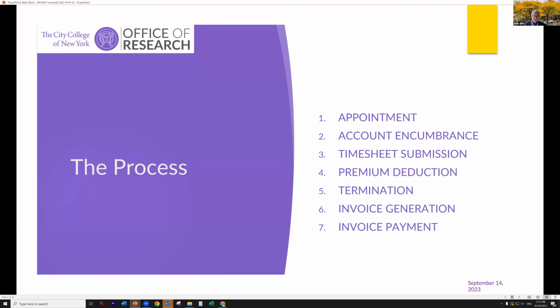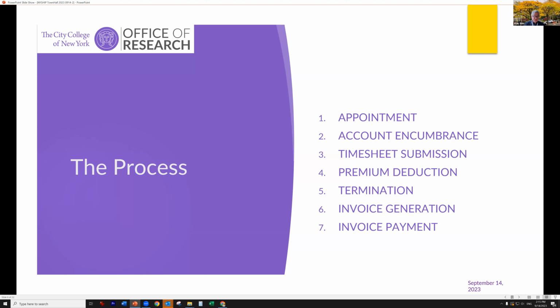And as I mentioned, this is a payroll appointment. Therefore, the students still need to submit the timesheets timely. That allows the timesheet to generate the payroll, and the payroll allows the premium of the health insurance to be deducted.